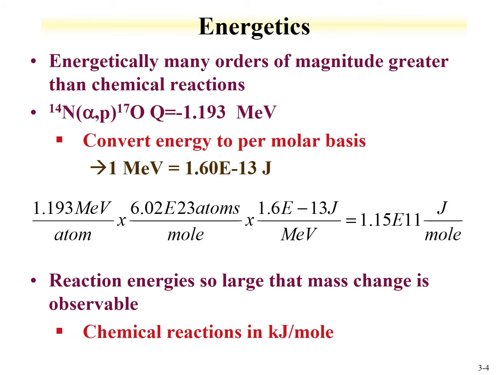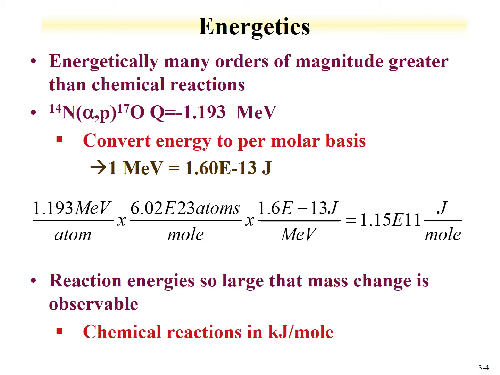We can use some of this energetics to get an idea of the overall reactions involved. If we take the reaction from the earlier page and calculate the Q value, it's just under, around, -1 MeV.